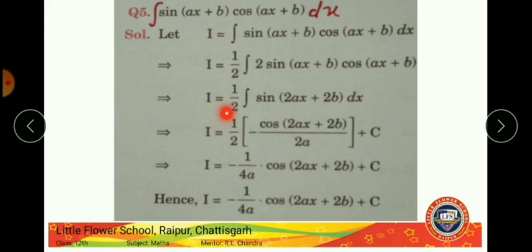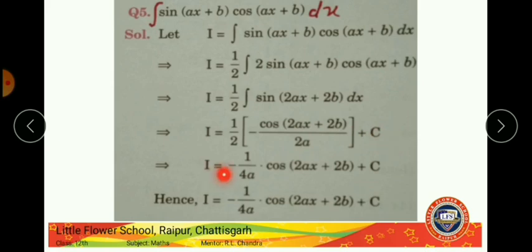Means I is equal to 1 upon 2 integration sin(2ax+2b). Consider 2ax plus 2b as t. That's why this integration becomes minus cos(2ax+2b) upon 2a plus c.